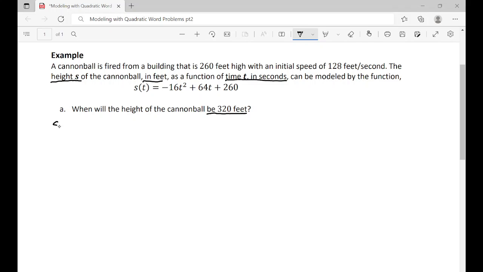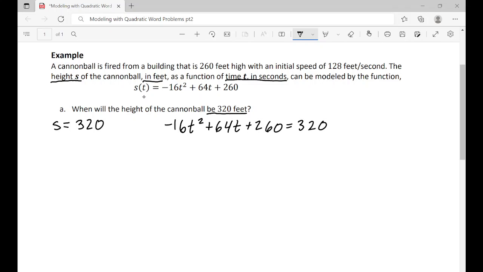So that means s is 320. So since I know what s is, I'm going to plug it in here for s and then solve my equation. So negative 16t squared plus 64t plus 260 equals 320.